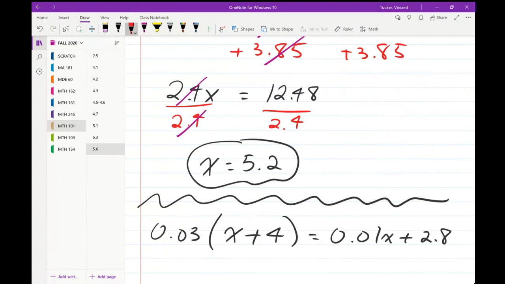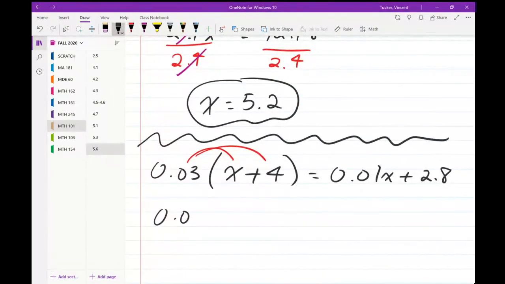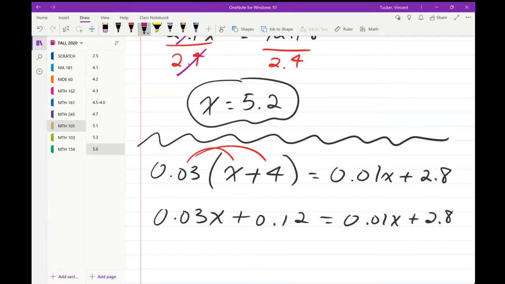All right, so we have 0.03 times x plus 4, so we want to distribute the 0.03. That gives 0.03x plus 0.12, and 0.07x is 2.8. So now we recognize that we have our x variable in more than one place.